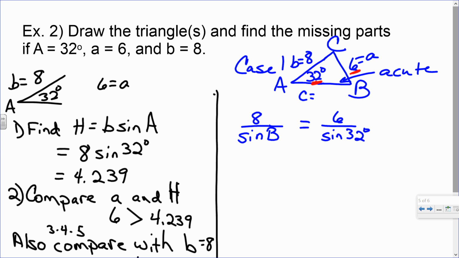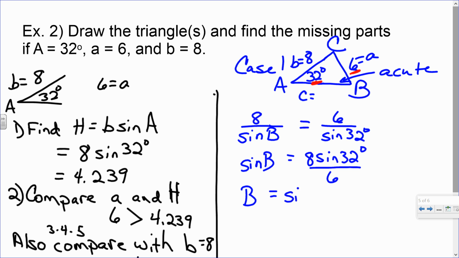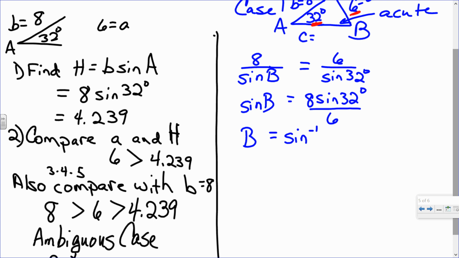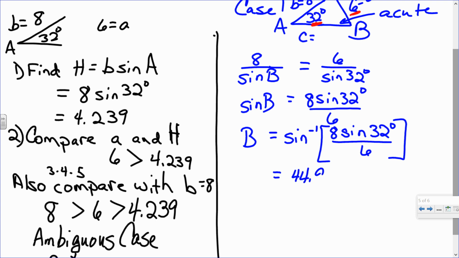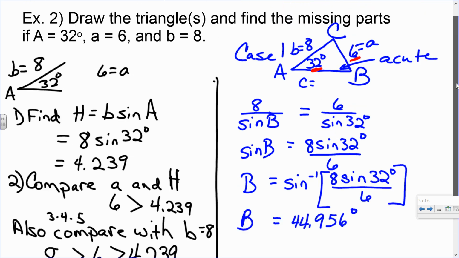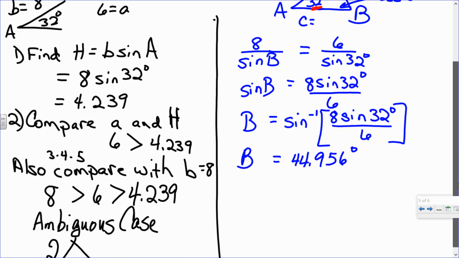So if I do my cross product, I have 8 times the sine of 32 degrees equals 6 times the sine of B. So if I divide both sides by 6, that will be the sine of B. But what I really want is the angle, so I need to punch in on the calculator the inverse sine of, using my fraction template on the calculator so that I get all of this in the right places. And then I end up with B is 44.956 degrees.